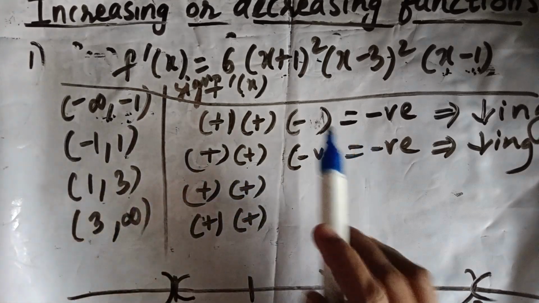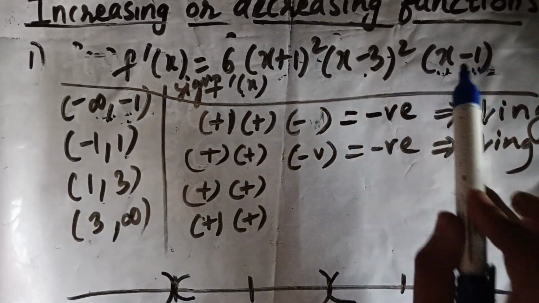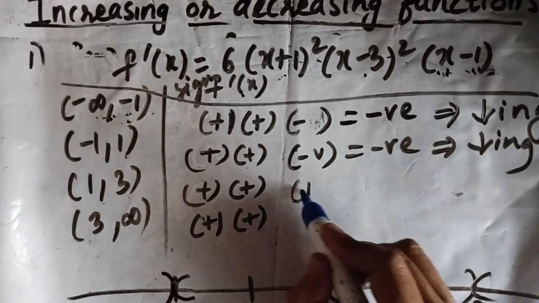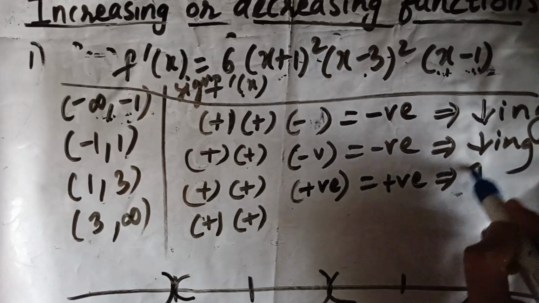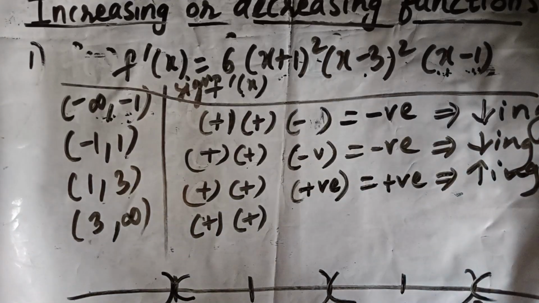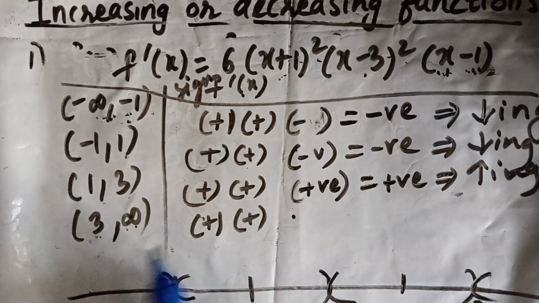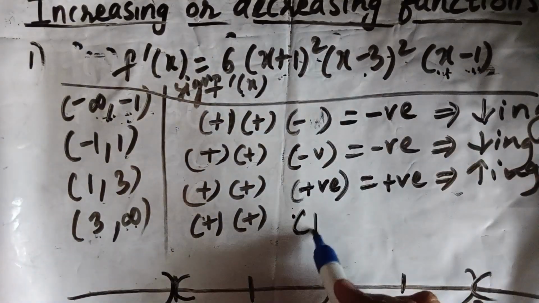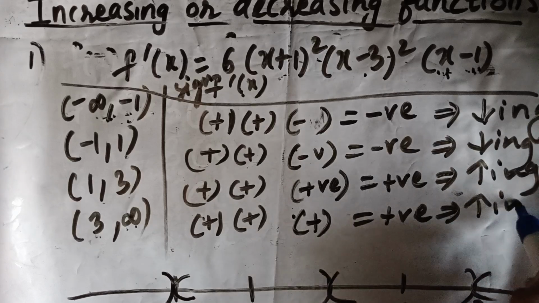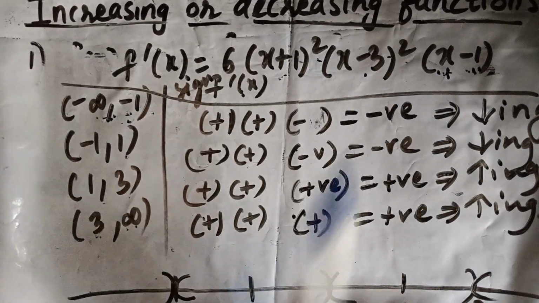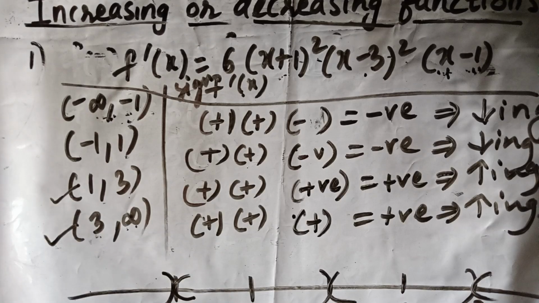For 1 to 3, again these two are positive. If I put a number, say 2, 2 minus 1, so this is positive. So it is increasing. What about 3 to infinity? Again, the positive number, so we will get a positive. So it is increasing. So the function is increasing in the intervals 1, 3 and 3, infinity.